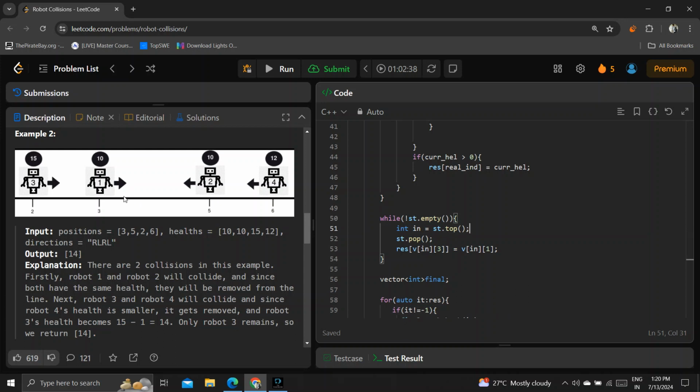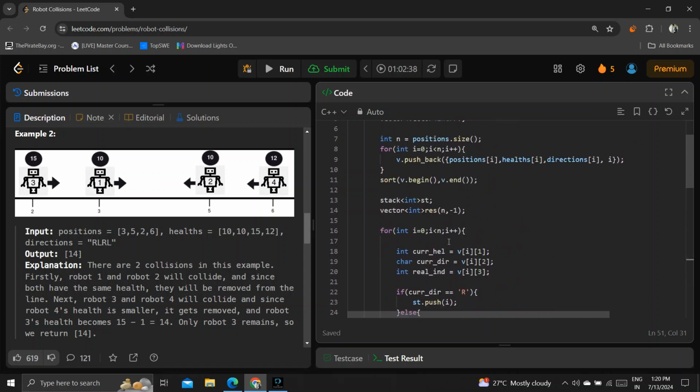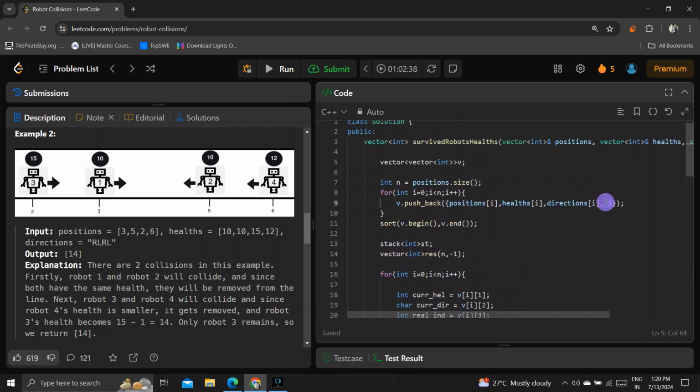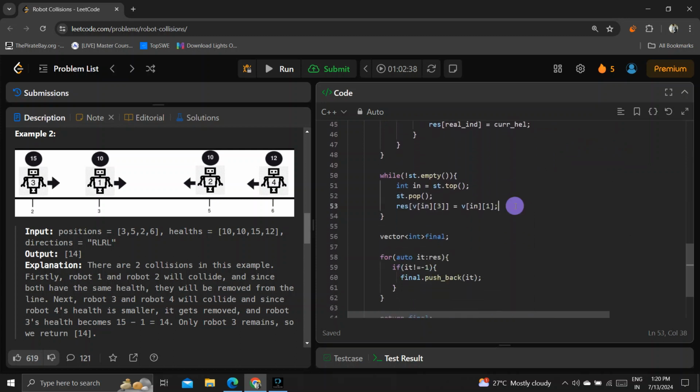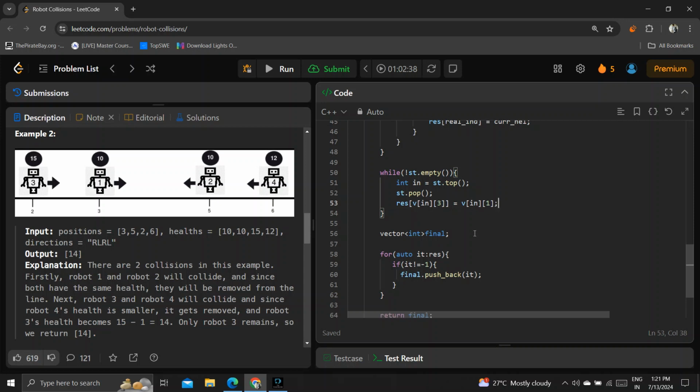I will pop this one out from here, and now the original value of this particular robot is stored where? At V of I of 1, that is 3. At 3 it contains the real index. So at this particular index, what we will store? V of I of 1. At 1 there is health, at 3 there is index. Okay. Hope you have got it, right?